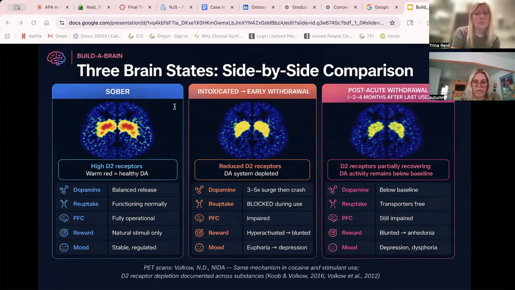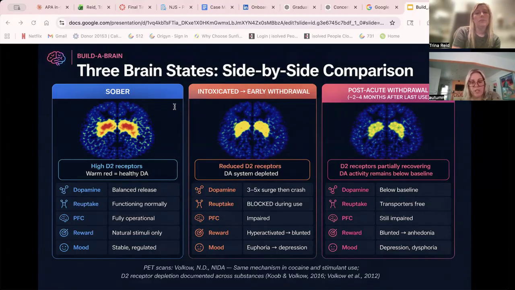We compare the brain here to how dopamine is released in the sober state. The dopamine is released and regulated normally, as we've discussed, supporting stable mood, decision making, consequential thinking, and reward from everyday activities like food, sleep, exercise, sex, positive conversations, etc.